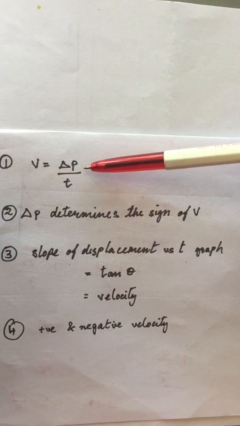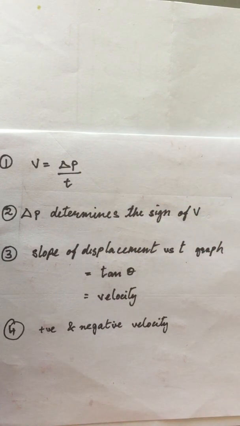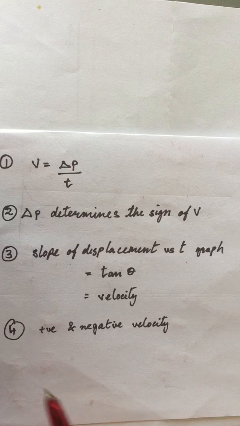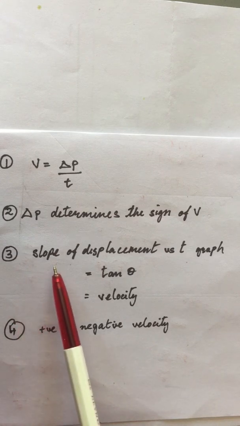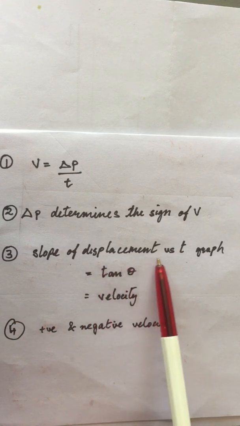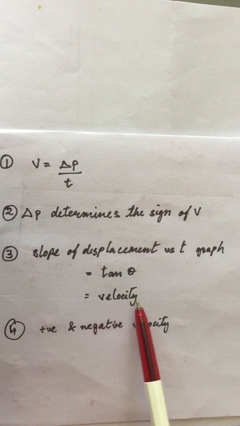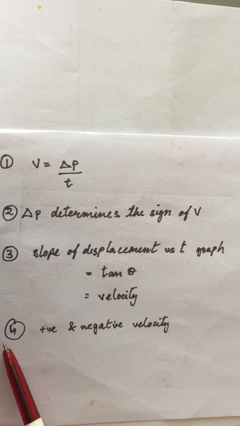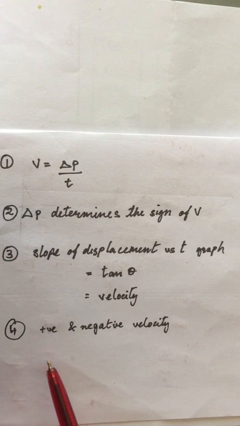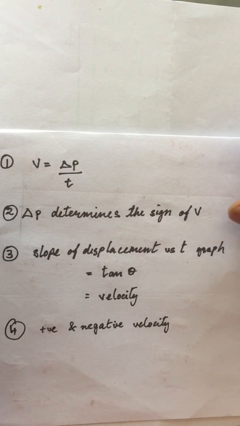That is to say, if the displacement, the change in position, is negative, then velocity is negative, and if change in position is positive, then velocity is positive. Third thing, the slope of displacement versus time graph is the same as tan theta, which is the same as velocity. This we will look at. And the fourth is what is basically positive and negative velocity. Let's begin.